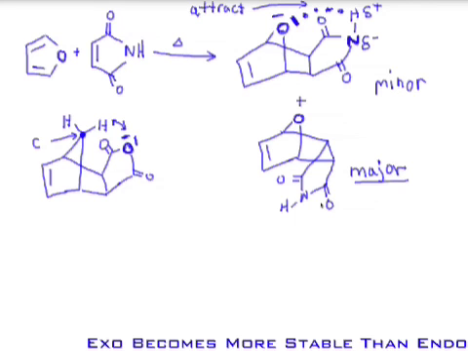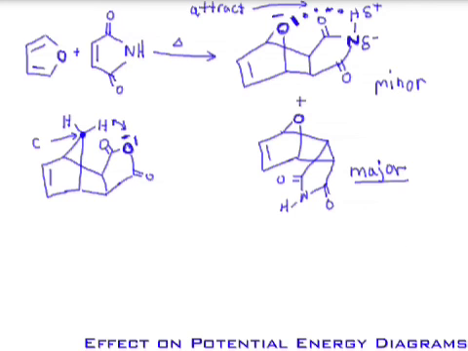Okay, big deal. What's the problem with that? Well, let's redraw our original potential energy diagram for this molecule. We had our endo with the lower energy for the transition state, and it gave us the most stable product.